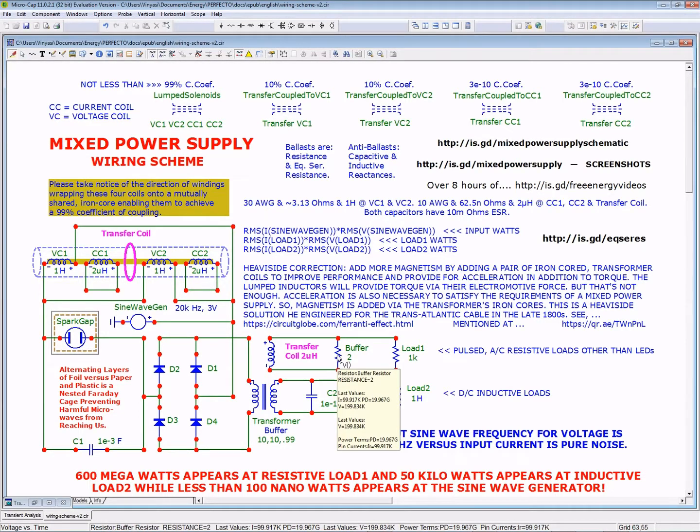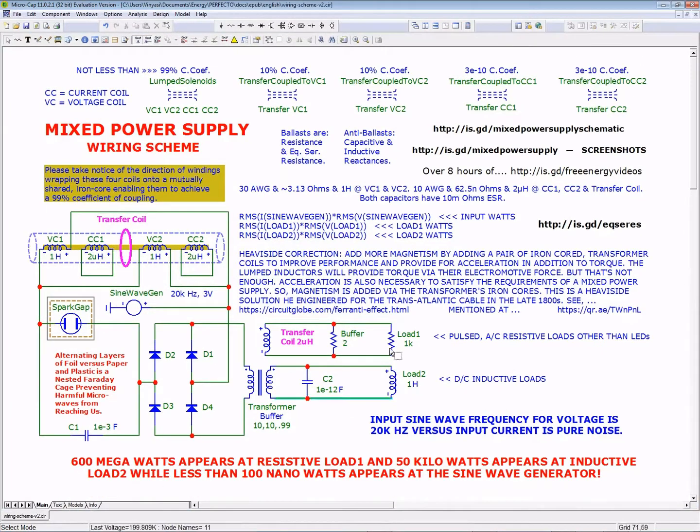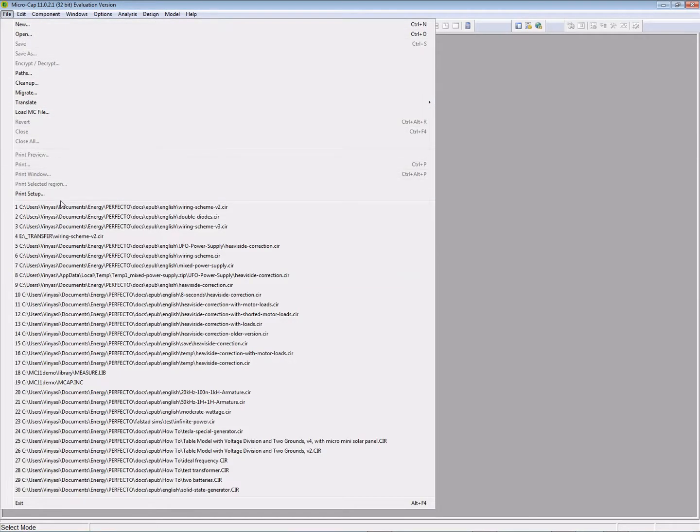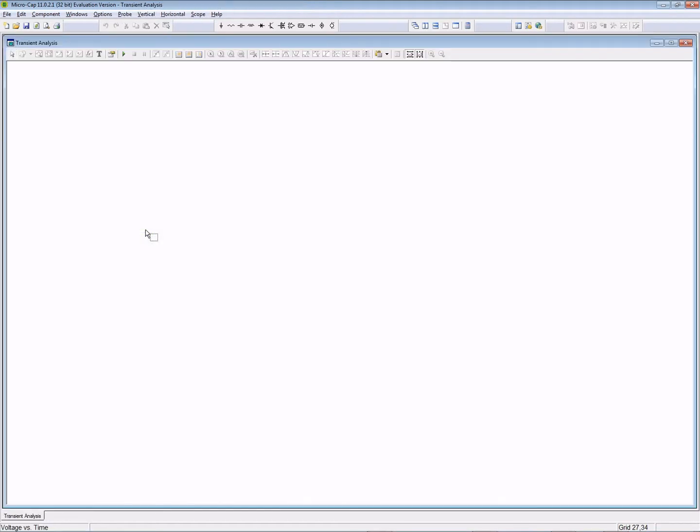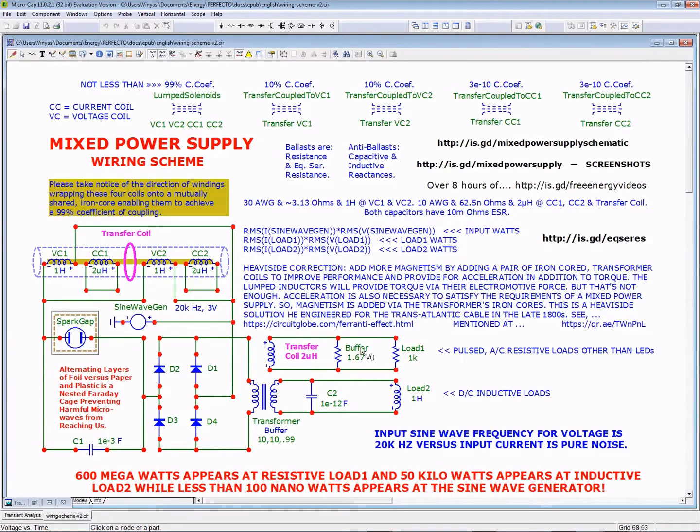Oh my God. Wait a minute. There's something screwy going on here. There is something really screwy going on here. That never happened before. Oh, that is bizarre.